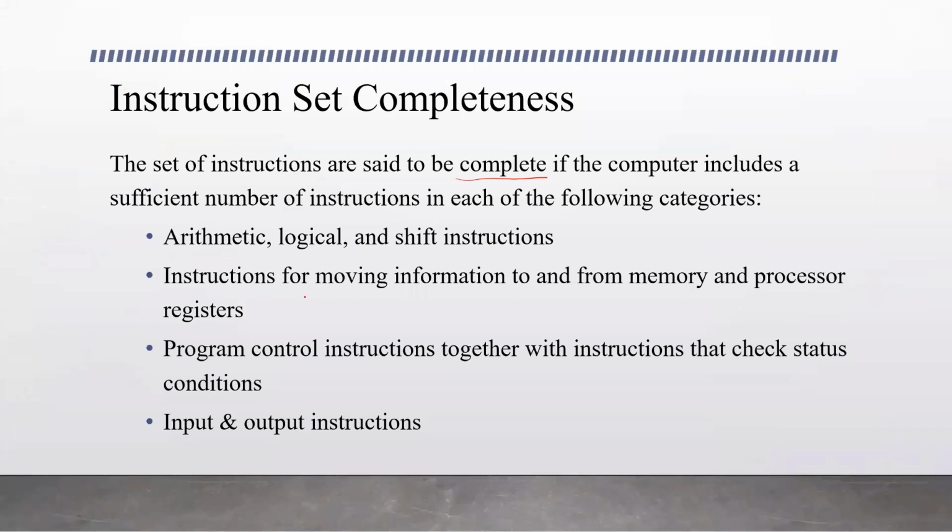We need instructions that help us move information between the register and memory. We also need control instructions that control the sequence of execution. And we need input output instructions that allow the user to communicate with the computer.